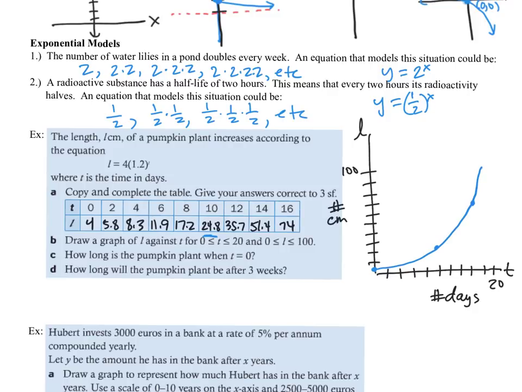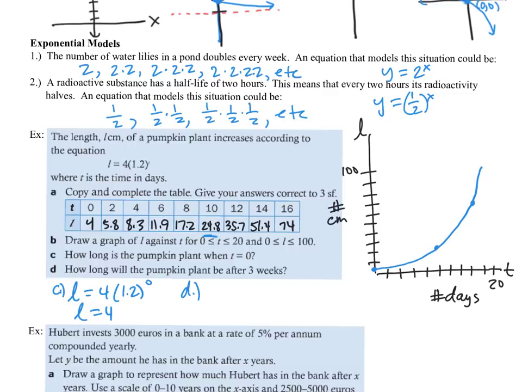Okay, then letter C says, how long is the pumpkin plant when t is 0? So remember, we find the length by taking 4 times 1.2 to the t power. Well, when t is 0, we can see that that length is going to be 4, because 1.2 to the 0 power is 1, and 4 times 1 is 4. So that is letter C. And then letter D says, how long will the pumpkin plant be after 3 weeks?